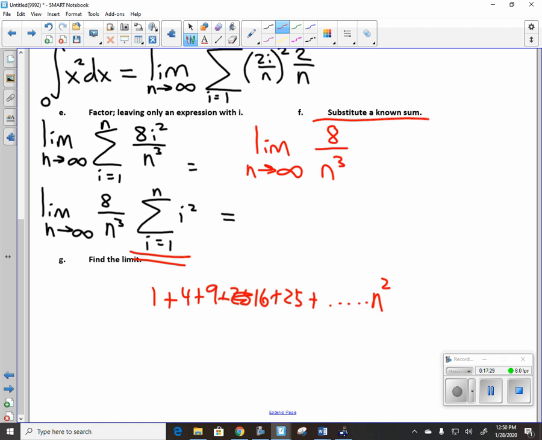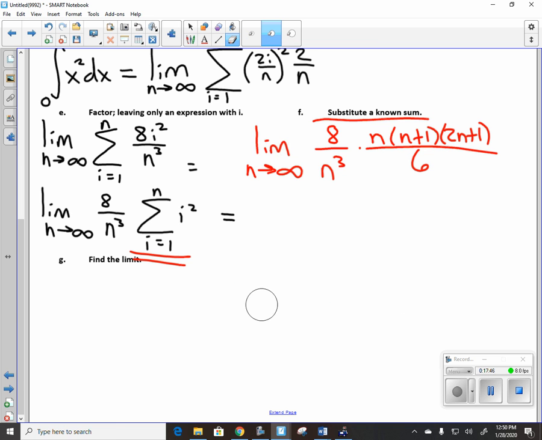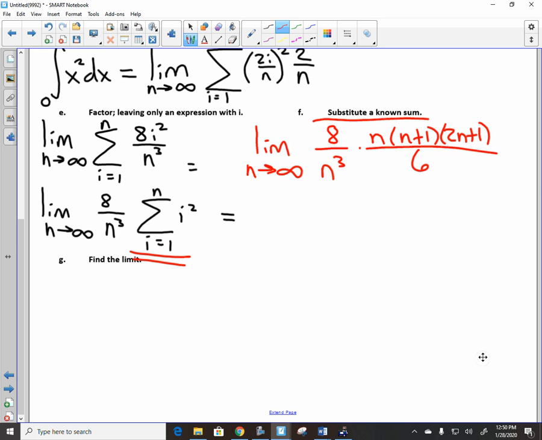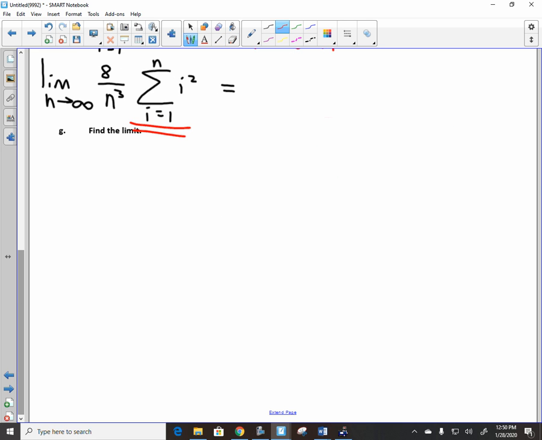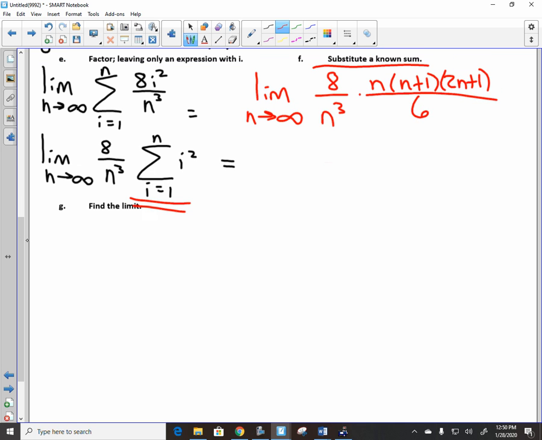Tell me, what do I put in place of that summation? Excellent. You've done all the difficult work. It is super easy at this point. Let's just follow the algebra.